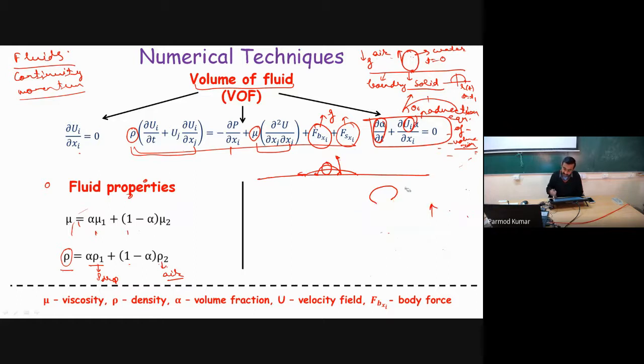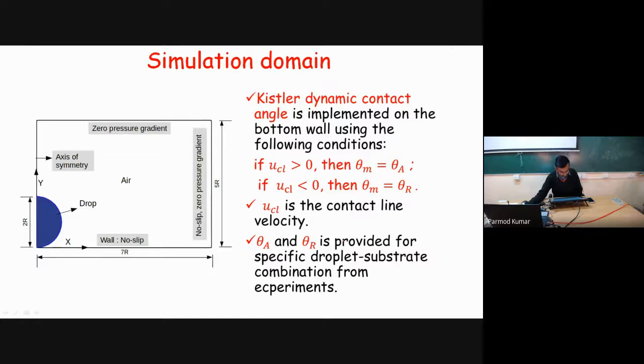Okay, so for that, we have to supply the boundary condition with the help of dynamic contact angle models. So in the present lecture, for whatever cases I will be showing, we have actually used Kessler's dynamic contact angle equation.